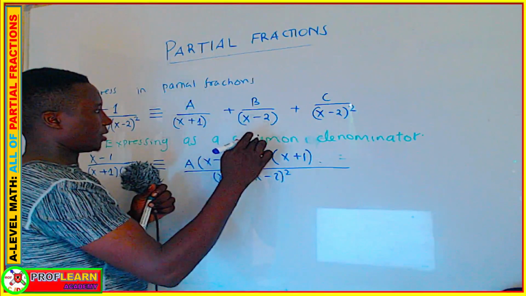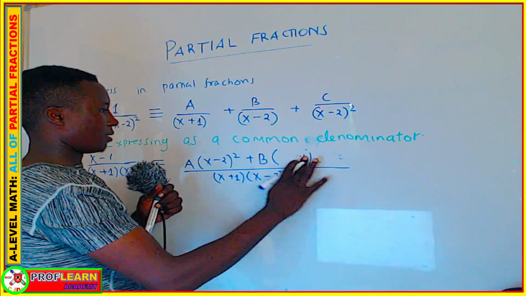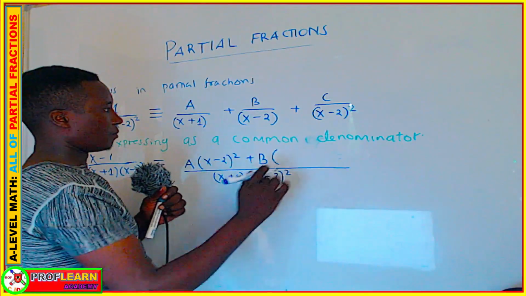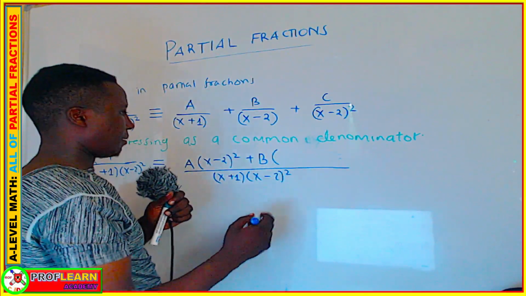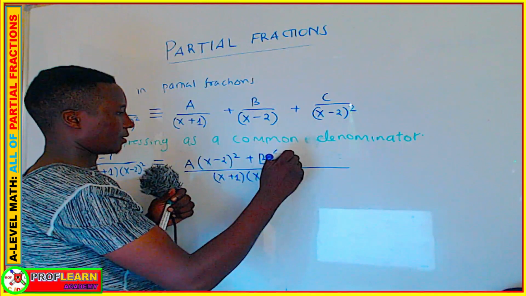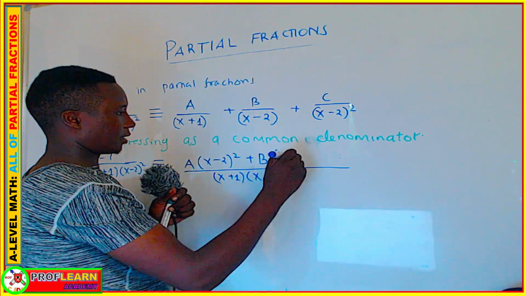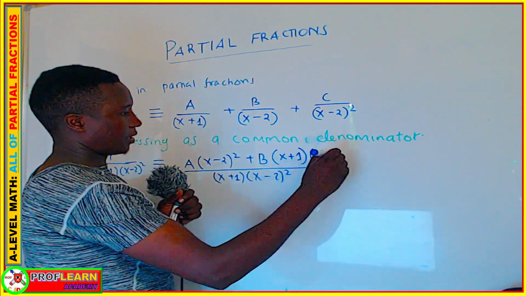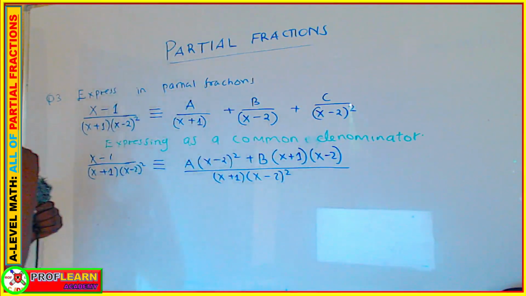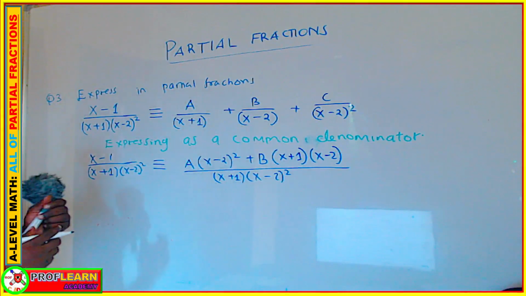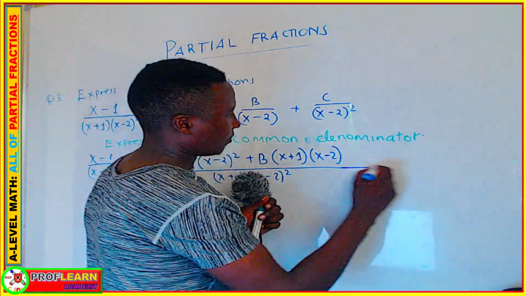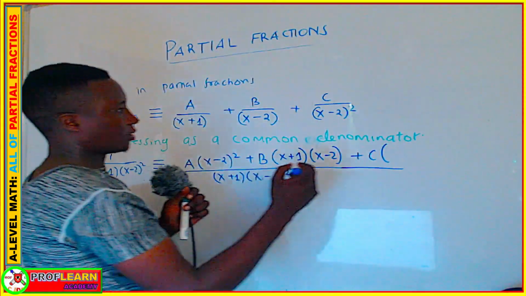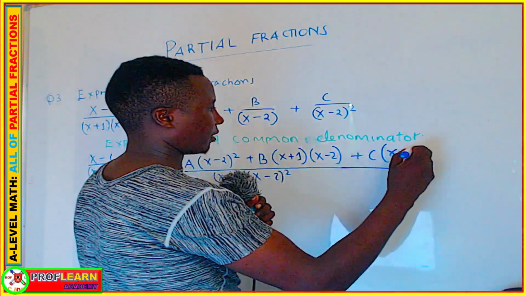This is x minus 2, so this is going to be multiplied by x plus 1. Then the last term is plus c, multiplied by (x plus 1).